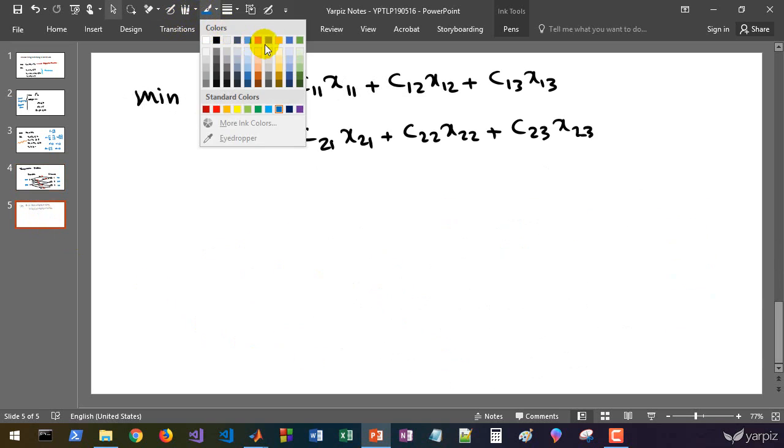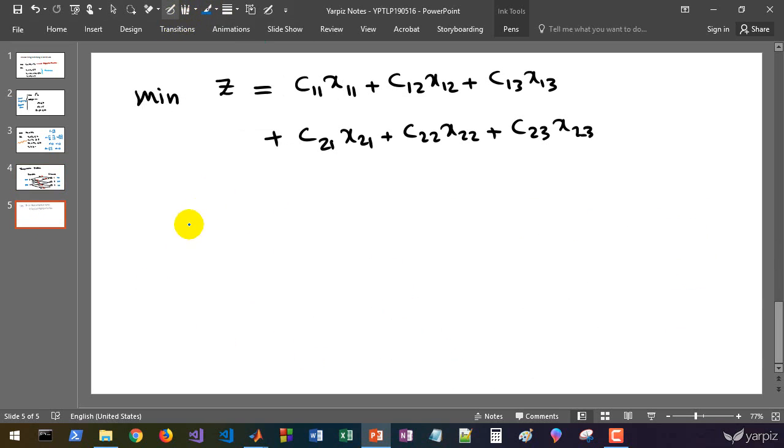Write the production requirement here, and x11 plus x12 plus x13 must be less than or equal to 900. And for the second provider or producer, we have this.